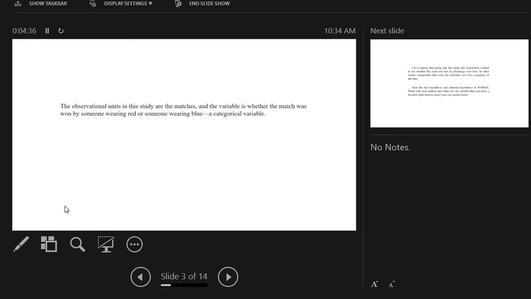Some postdocs do this well, and some don't. How would they label things in their rows? They have all the data in columns, all the variables they're collecting. How would they index their rows? It's by the match. And the variable is whether the winner of the match is wearing red or blue. And that's a categorical variable. So any questions about that?